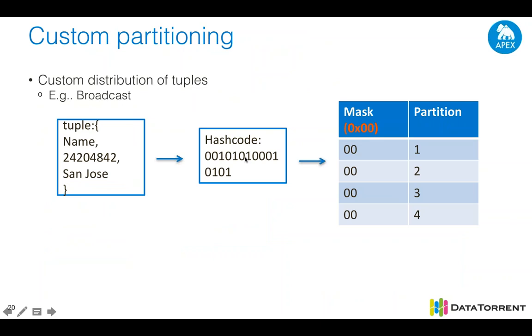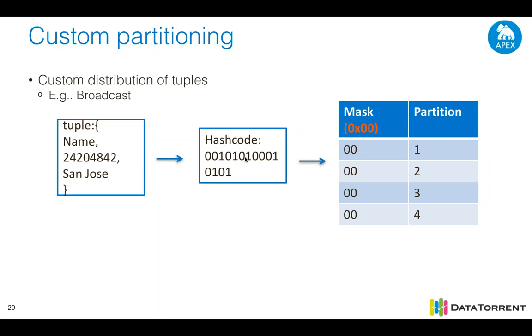Okay, and then we support more custom splitting. I should probably call this splitting, not partitioning. So for example, you want to do something fancy where you don't actually want to split the stream, but you want to send the same stream to all the downstream partitions. You could do that because we can take the hash code and we basically apply what is called a mask, and then you can set the mask as 0, and then essentially everything will map to the same result, and it'll go to all the partitions.